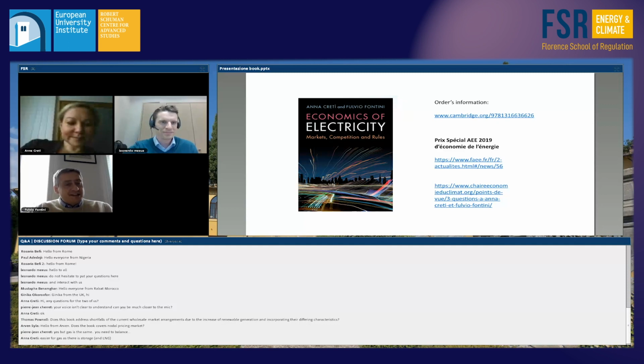Oh, yeah, this is a challenging question, by the way. So double settlement is a specific form of settlement. You need first to explain what settlement is. As we said, electricity needs to be balanced in real time at every point in time, because the electron goes on the grid almost at the speed of light.